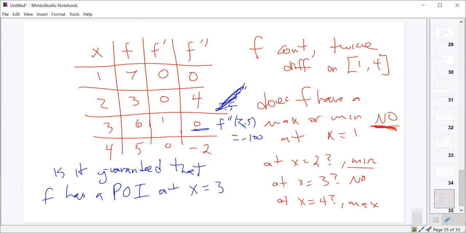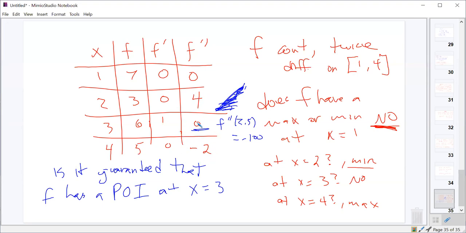And it might be negative all the way from 2.5 till it was 0 at 3. And then it might have stayed negative as we transitioned above 3. So even though the chart looks like it is going from concave up to concave down, we aren't guaranteed that because we don't have any information about what's going on between 2 and 3 or between 3 and 4.